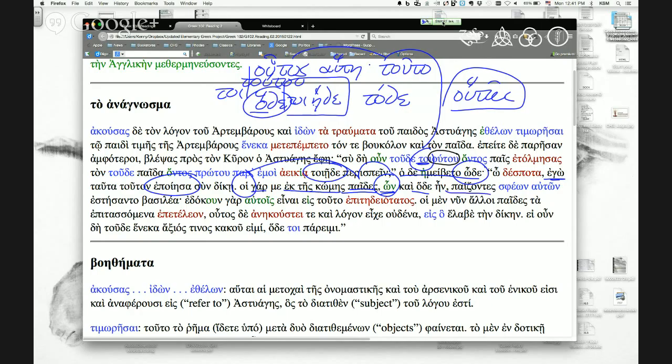Paizontes, playing, they estesando, designated me king, speon auton, of themselves. That's a reflexive.